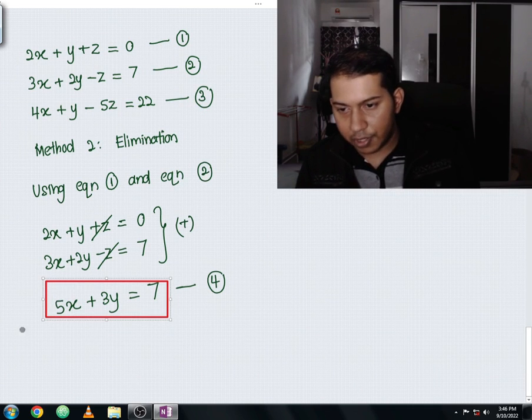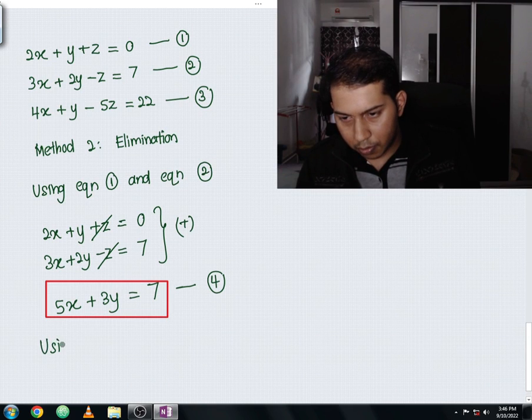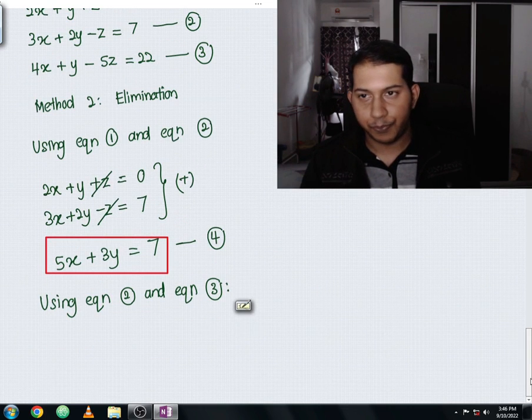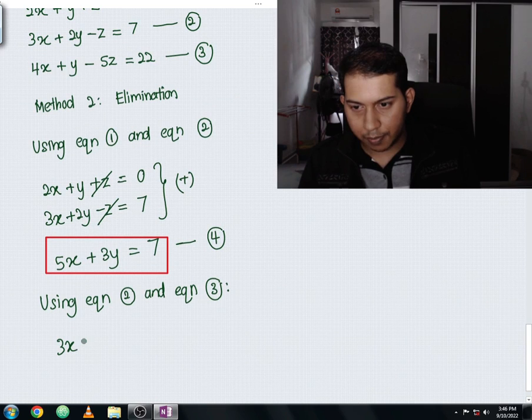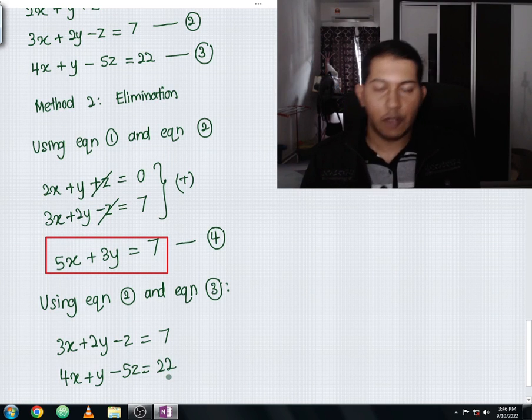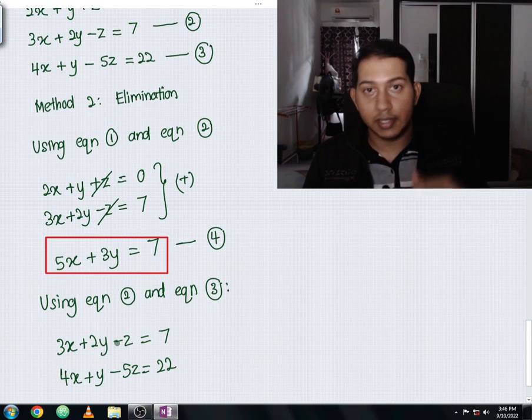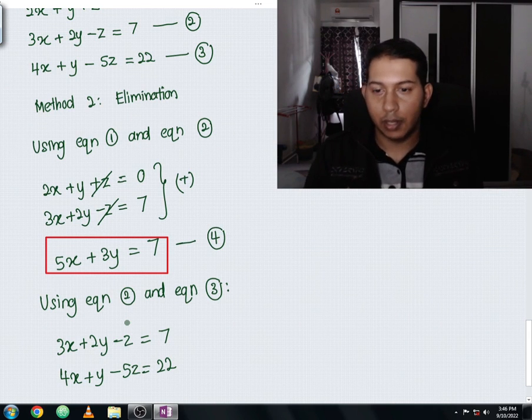From here, using equations 2 and 3: 3x plus 2y minus z equals 7, and 4x plus y minus 5z equals 22. One thing you should know: once you start eliminating the z variable, even in the below equation, you must be consistent, guys. You must eliminate the z variable as well. If you don't eliminate the z variable, it will be wrong.